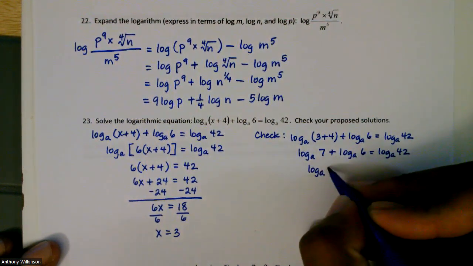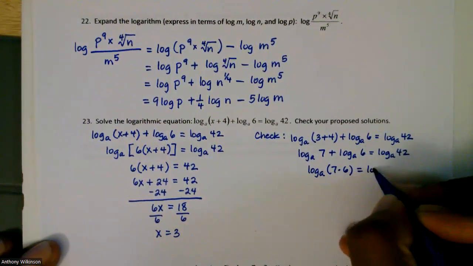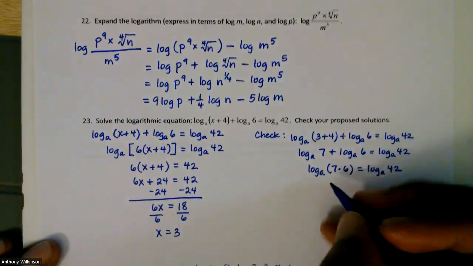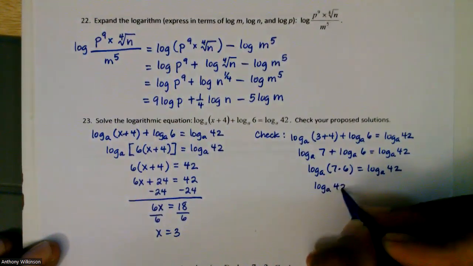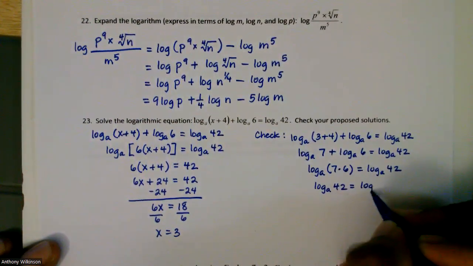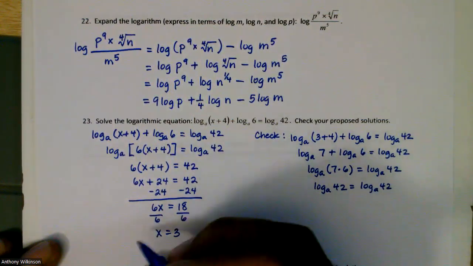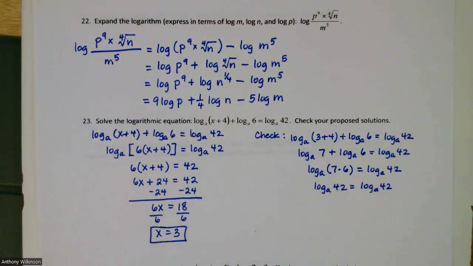So it'll be log to the base a of 7 times 6 equaling log to the base a of 42. Well, 7 times 6 will be 42, so log to the base a of 42 does equal log to the base a of 42. You can see the left side and the right side are the same. So that means x is equal to 3 is the solution to that logarithmic equation.